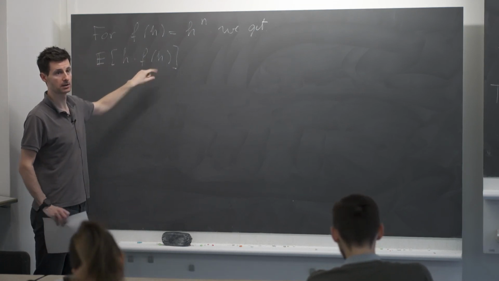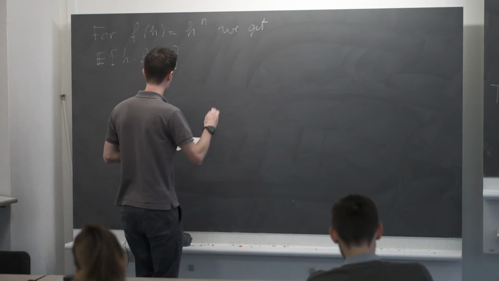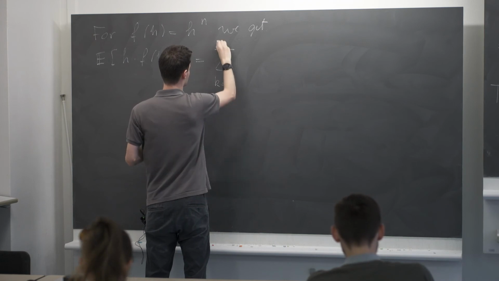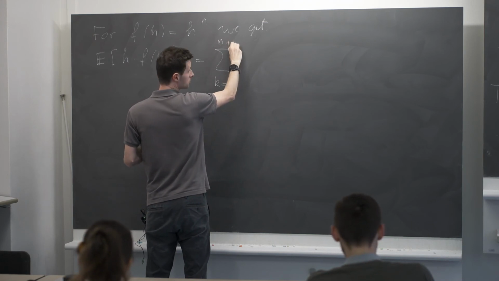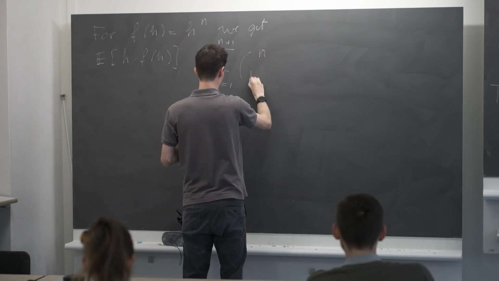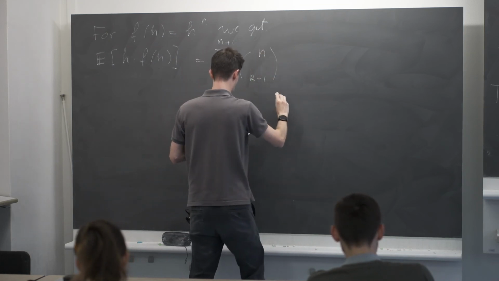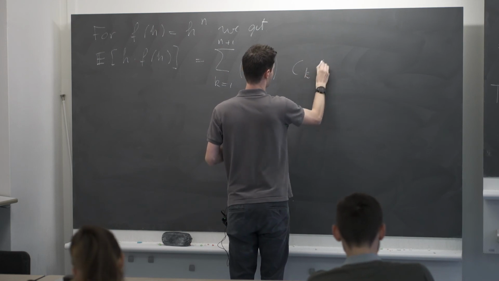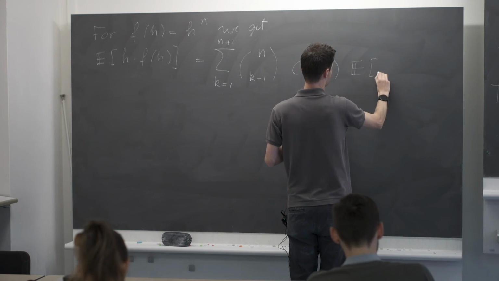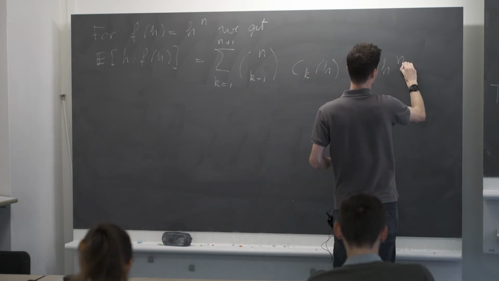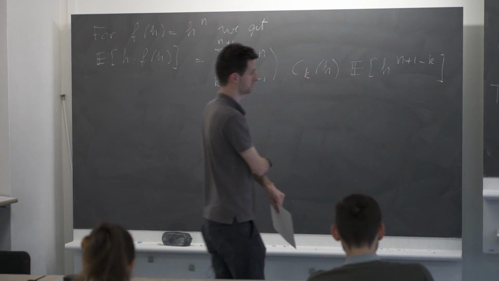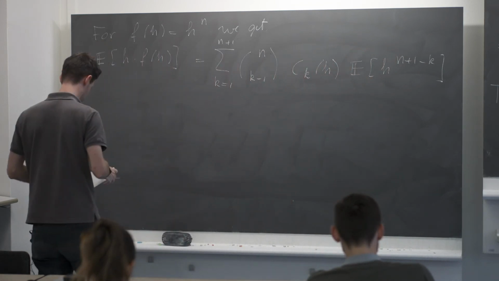So I set m equal to n plus 1, and I will get this formula. So k goes from 1 to n plus 1. I have n choose k minus 1, and then I have c_k of h, and the expectation of h to the n plus 1 minus k. Okay, so I'm just stupidly copying this formula.